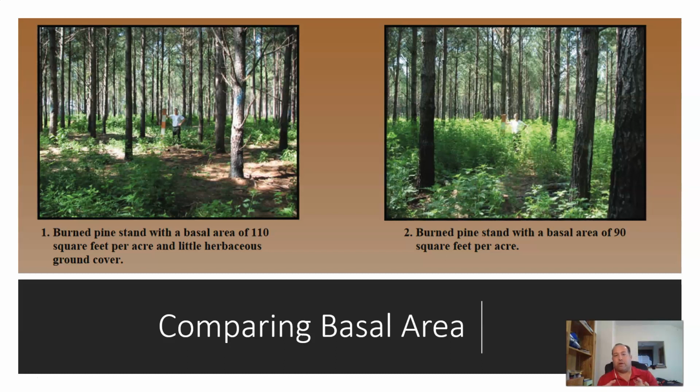This is how much wood is in this forest. If I took out 20 square feet, this is how much less wood I would have in this forest, but this is also how much light can come through the canopy, and this is the increase we get in herbaceous ground cover, if wildlife is something that's important to us. We really start having this measurement that is very comparable and allows us to start making management decisions.